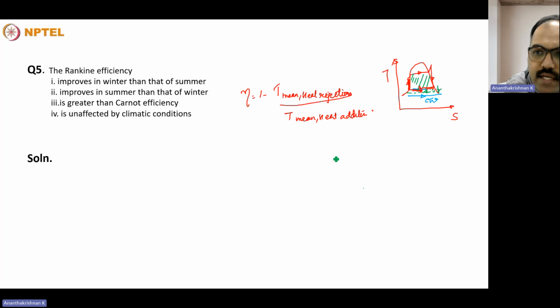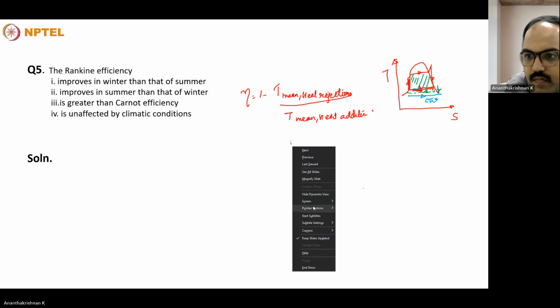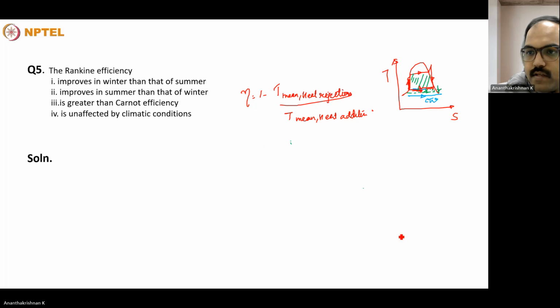That means that efficiency increases. So that's a concept. Basically, the T mean heat rejection decreases, so the efficiency increases. So that is a concept.